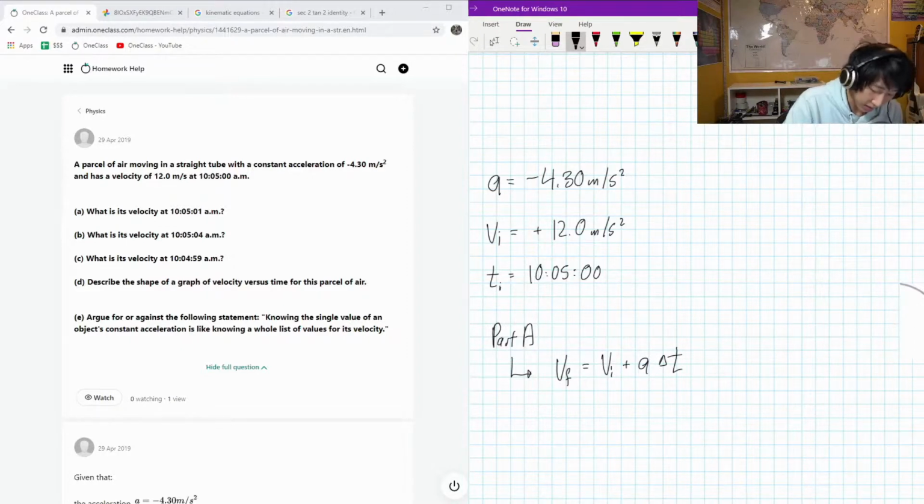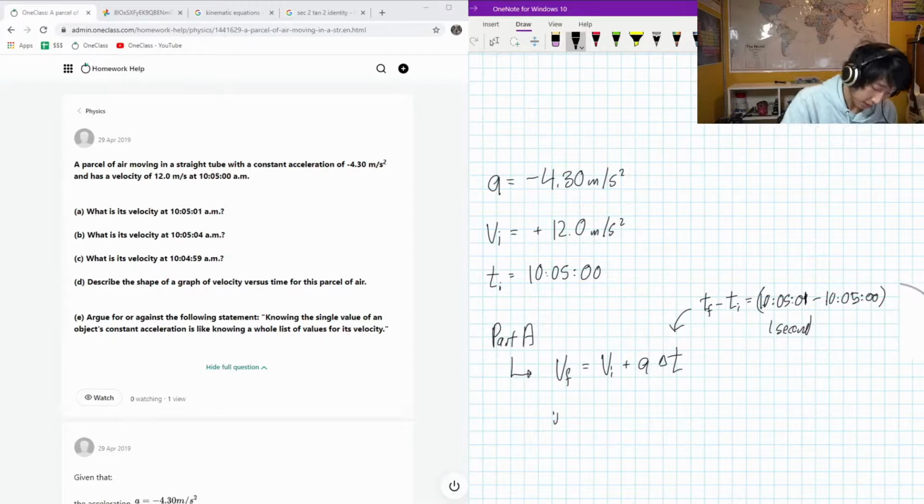Our delta T in this case is going to be TF minus TI, which is 10:05 and 1 second minus 10:05 and 0 seconds, 1 second.